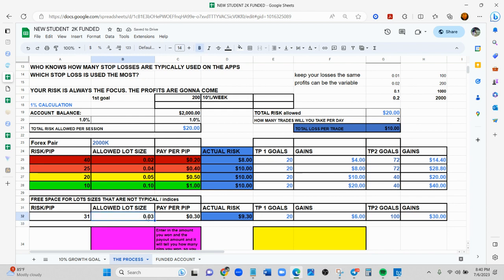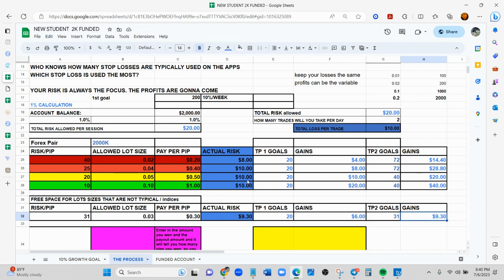So that's what we can take. We can use a 0.03, and if we happen to take the loss, we won't lose more than $9.30. If it hits TP1, let's just say TP1 was 20 pips, then we know we're going to make $6. What if TP2 was 31 pips? Then you'll make $9.30. So this is your target.